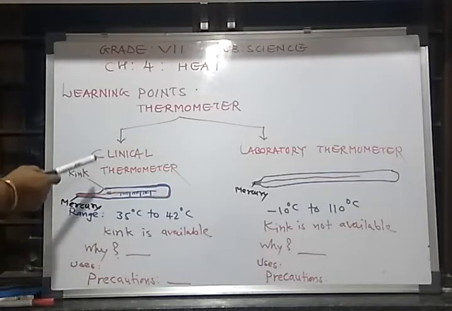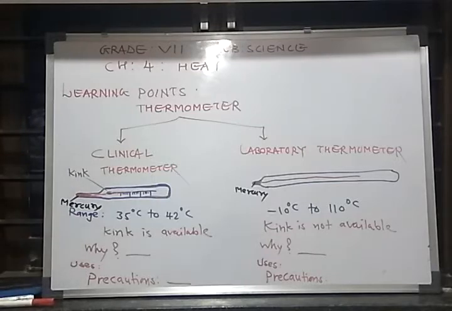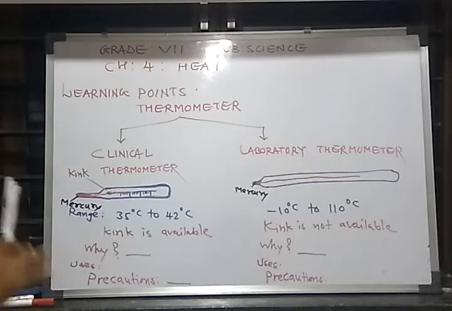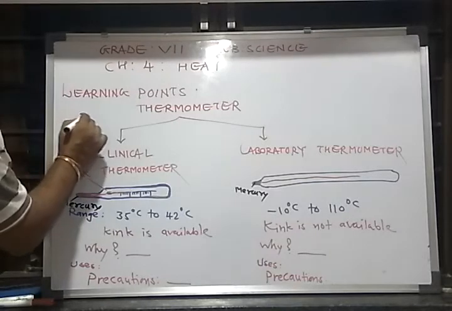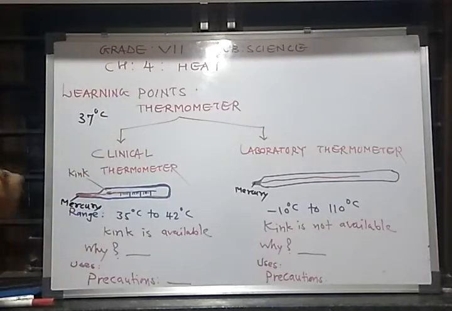Whenever we use a clinical thermometer, the first precaution is to wash it with antiseptic solution. Then, our normal human body temperature is 37 degrees Celsius, right?